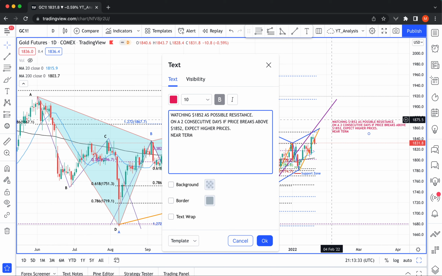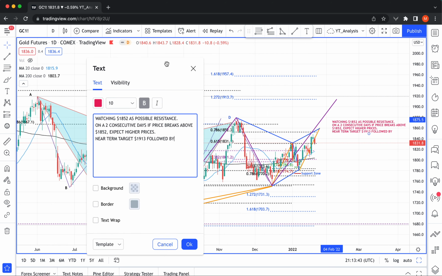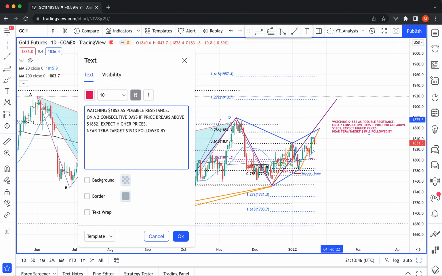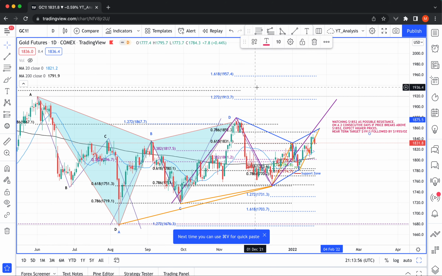Near term target $1913, followed by, move it here, 1955, shall we say, per ounce. Okay, it's per troy ounce, I believe. Okay, so there we go. So we'll just write that.